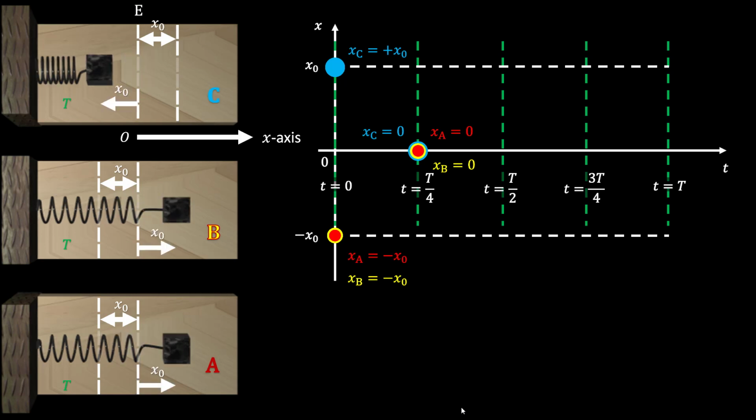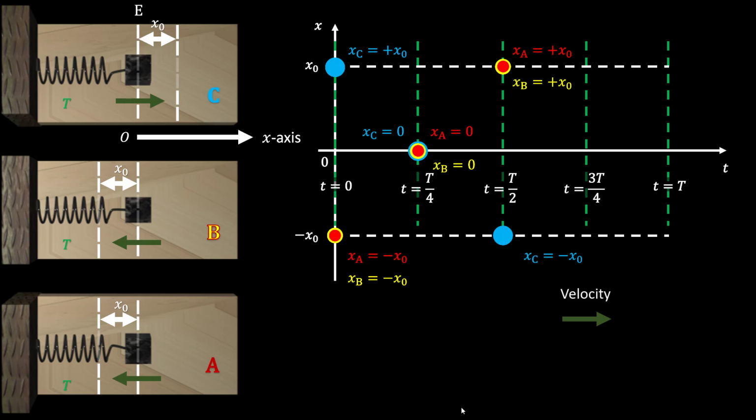At t equals capital T by 2, or half time period, we have xA equals plus x naught, xB equals plus x naught, and xC equals minus x naught. At this instant, the three bodies are at instantaneous rest.